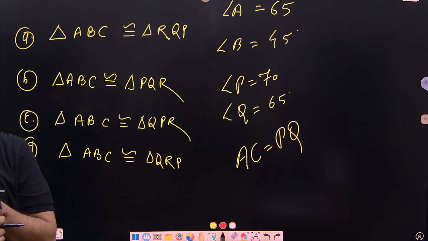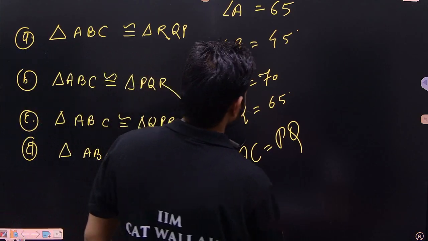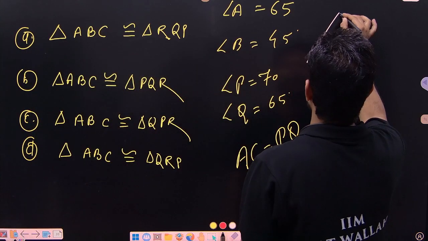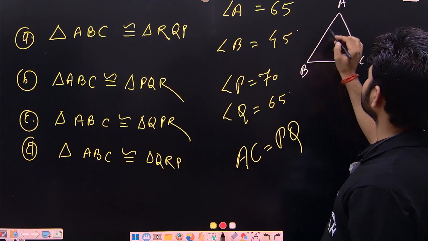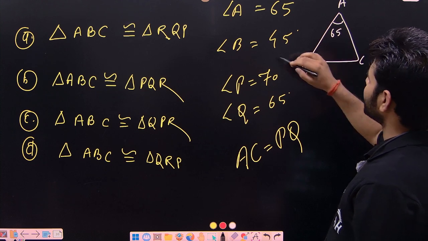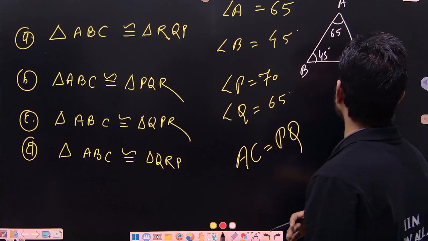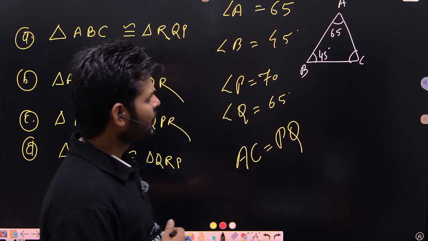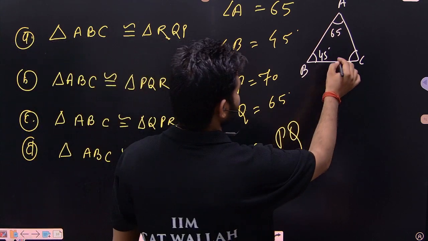It has been said. In ABC, A is 65, B is 45, then C. What would be C? 110 means 70. Okay.